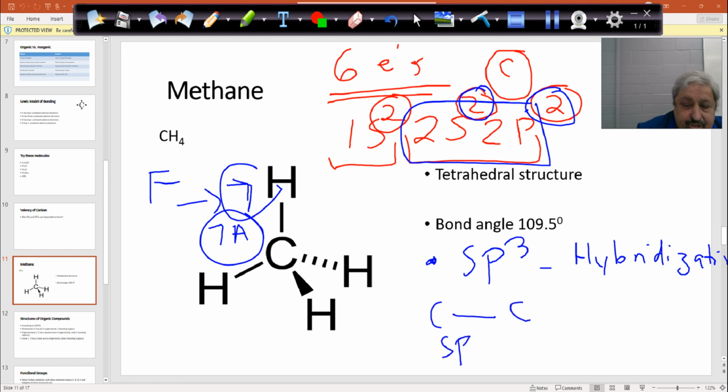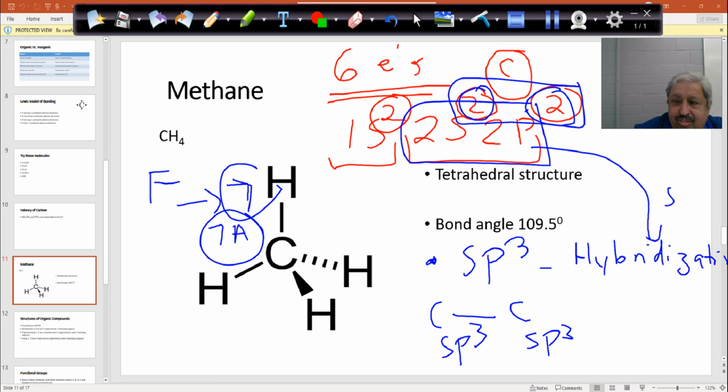This one will be sp3, and this one sp3. So for those 4 here, when hybridized, the s will have 1 instead of 2, and the p will have 3. See here? You add them up, still 4, but then you have 1 electron in the s orbital, and the p will have, not 2, but 3. That's what we call sp3 hybridization for alkanes.